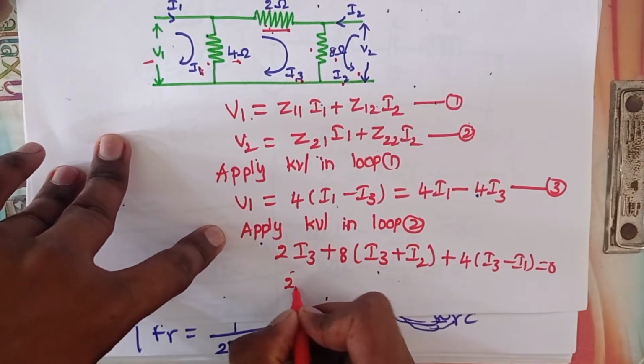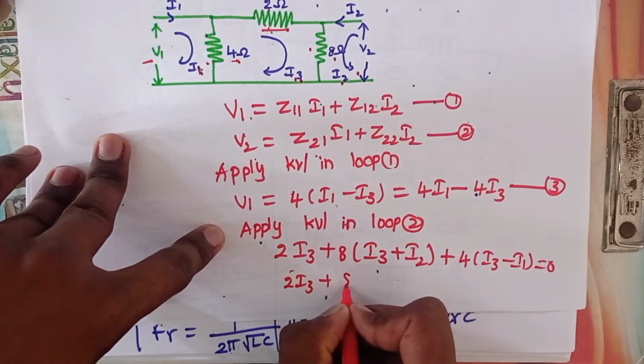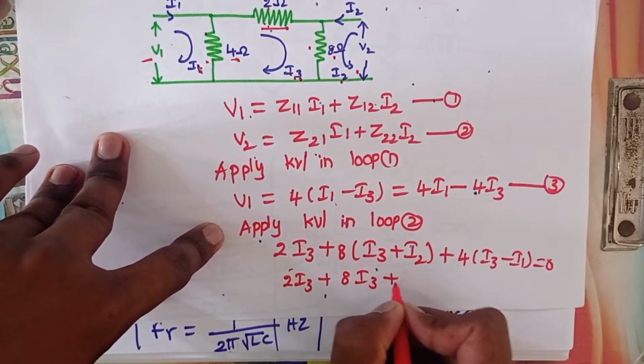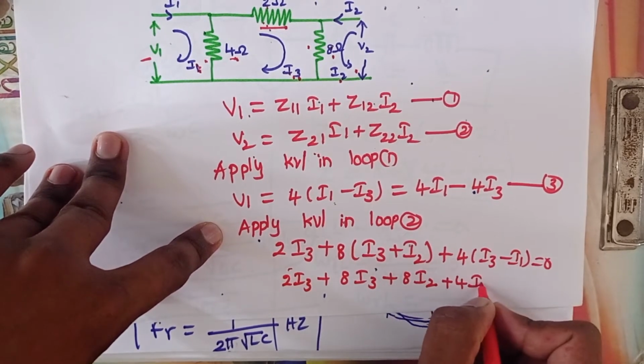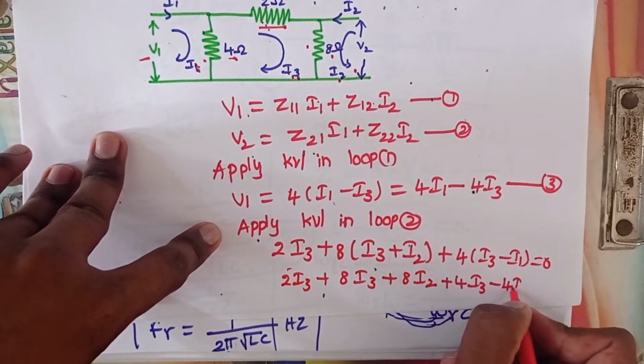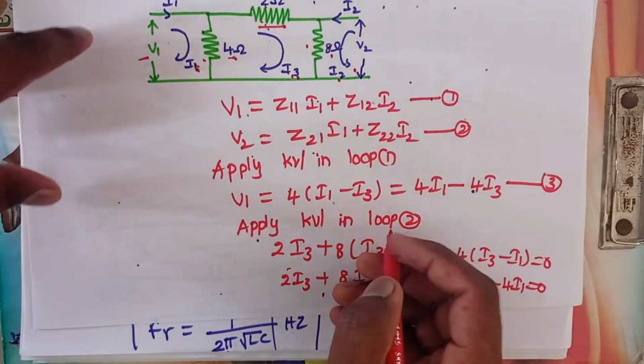Next, 2I3 plus 8I3 plus 8I2 plus 4I3 minus 4I1 equal to 0.